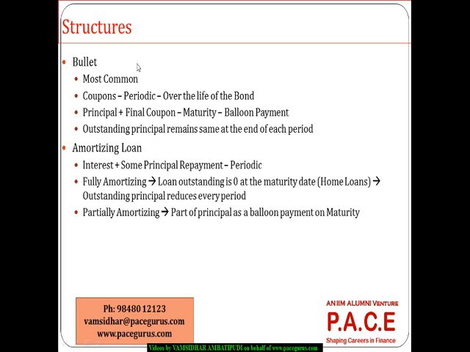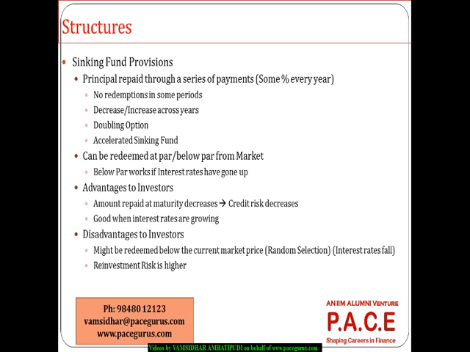Along with the coupons, a portion of the principal would have been repaid, but not the entire principal amount. Those kinds of structures are called partly amortizing structures.